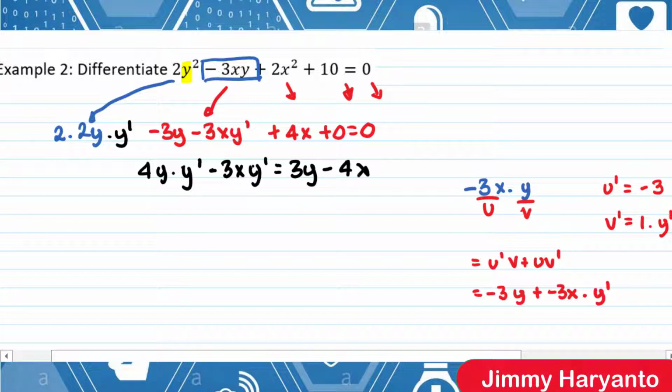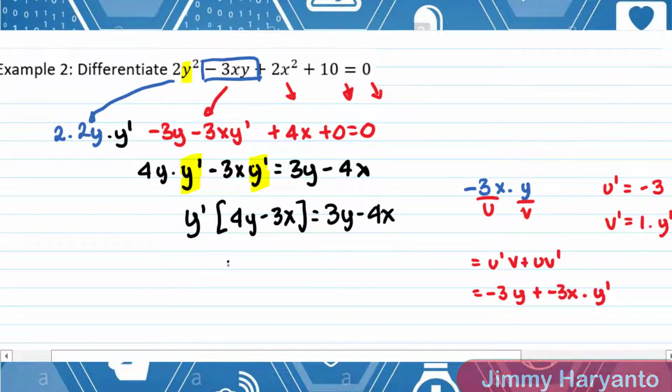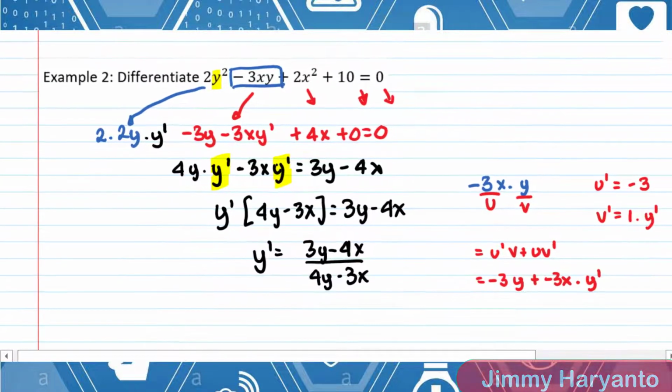Yeah, and then for this one we can factorize the y accent in the brackets. 4y minus 3x equals to 3y minus 4x. That means y accent equals to 3y minus 4x over 4y minus 3x. So this is the differentiation for example 2.